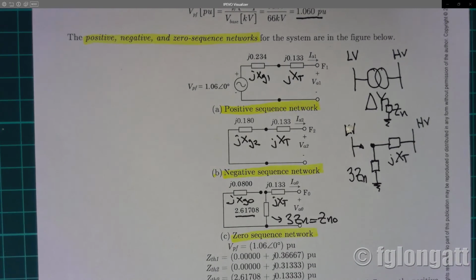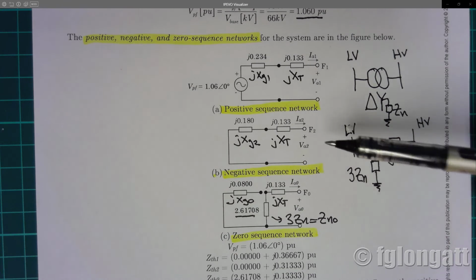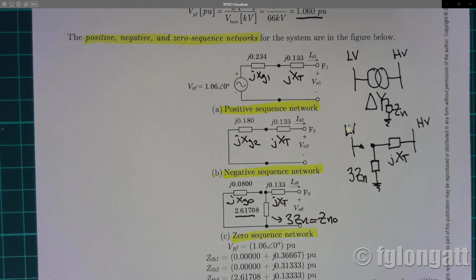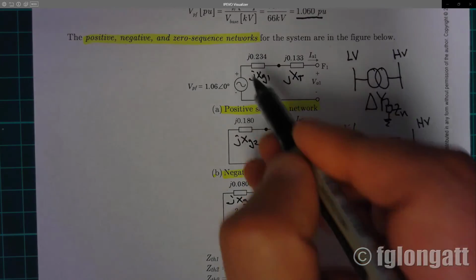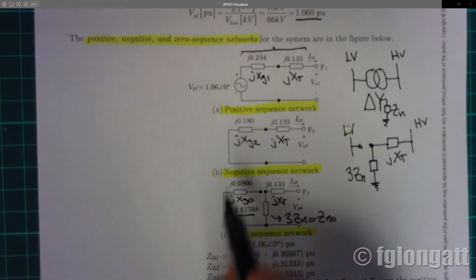What is the next step? I need to simplify these circuits, okay? This is positive sequence network, this is negative sequence network, and this is zero sequence network. But here we have a series connection, two impedances, series connection.